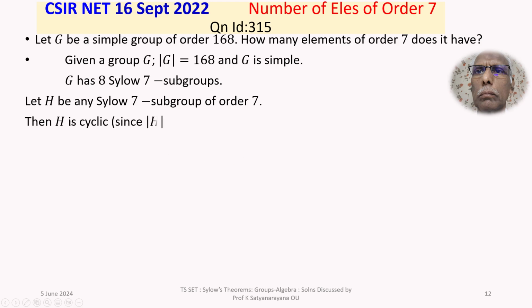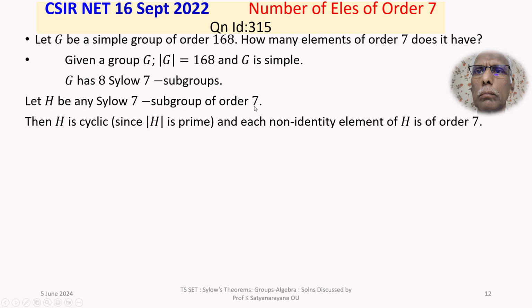Then H is cyclic. Why? Because it is of order 7, which is prime, and every group of prime order is cyclic. Further, you can see each non-identity element of H is of order 7. There will be only one element of order 1, and all the remaining elements are of order 7.